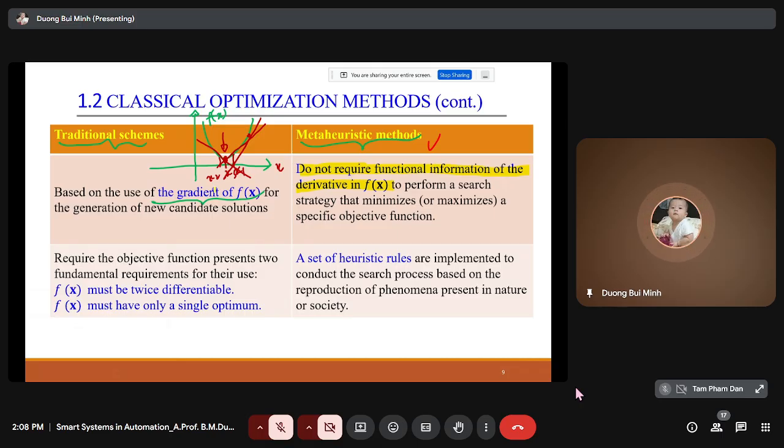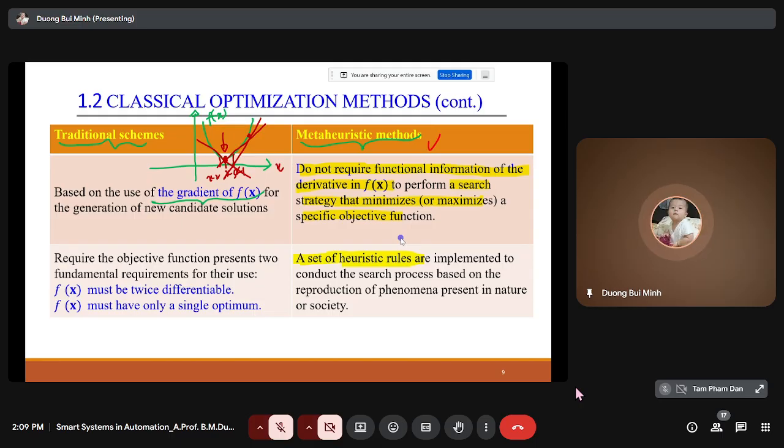We don't require the information of derivatives of f(x) to perform a search strategy that minimizes or maximizes the objective function. But we need to set up heuristic rules to find the best solution for minimization or maximization of f(x).